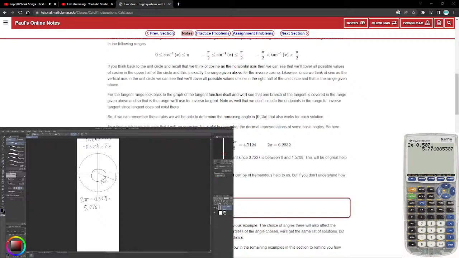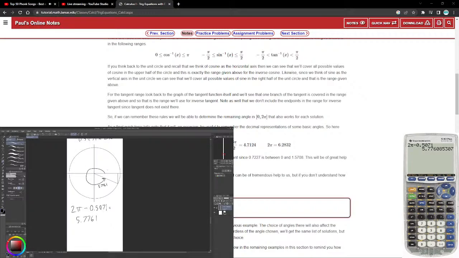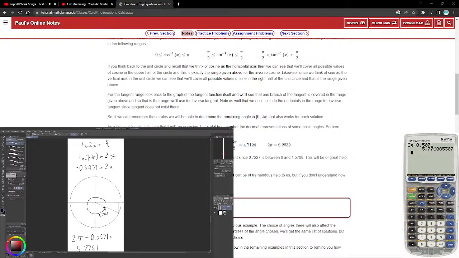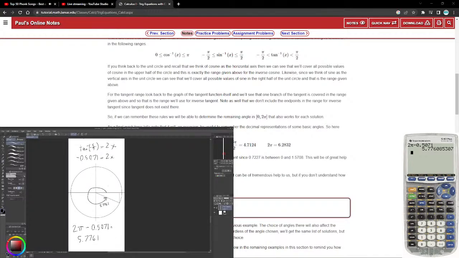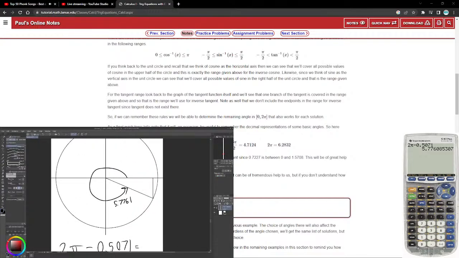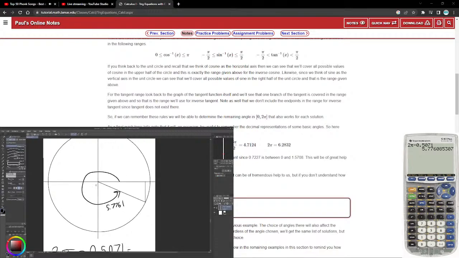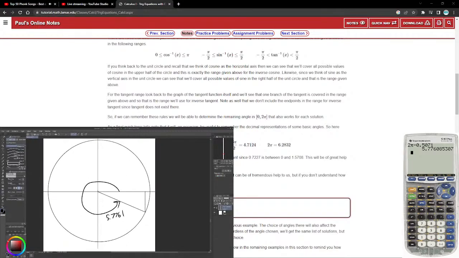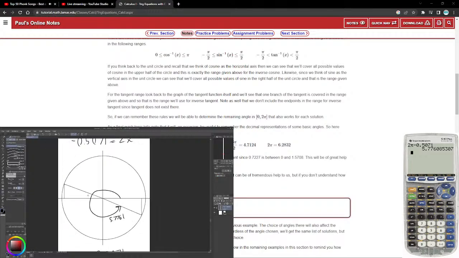And then, okay, so this is a negative tan. So tan is also negative. No, it's not negative there. It would be negative here, because all students take calculus. Yeah, okay. Just these two quadrants, 2 and 4.